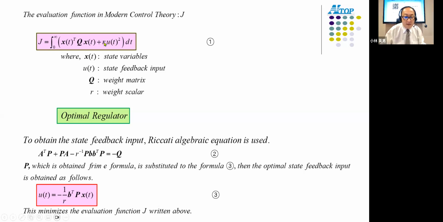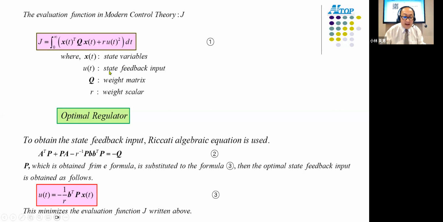And R times u(t) squared. R is also a weight scalar, so no dimension. This Q also doesn't have dimensions. The input u(t) is given to the system as voltage, so this also becomes voltage squared, meaning electrical energy, electrical power.